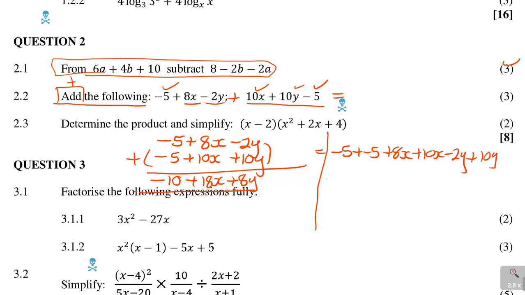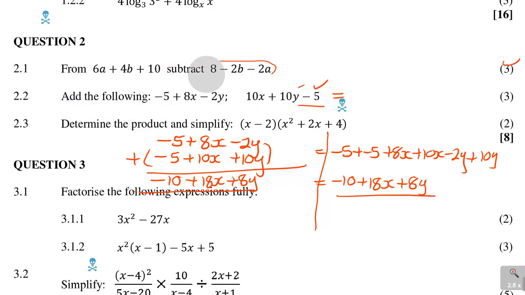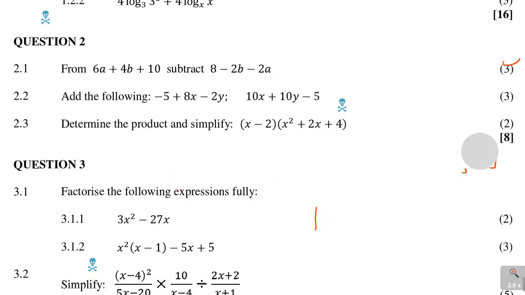You're still going to get your marks. Minus 5 plus minus 5 is minus 10. And then 8 plus 10 is plus 18x. Minus 2 plus 10 is plus 8y. So whatever way, it was still going to give you the same answer. I hope you are also following on such questions. So what was that going to give you? It was going to give you 3 marks.